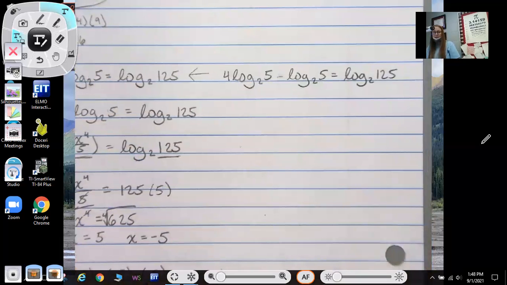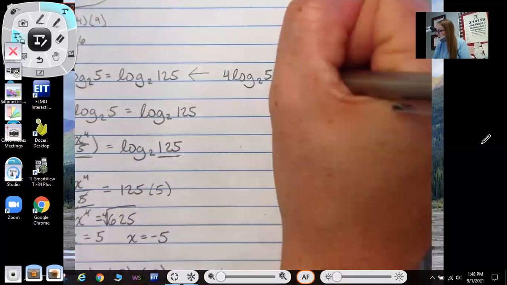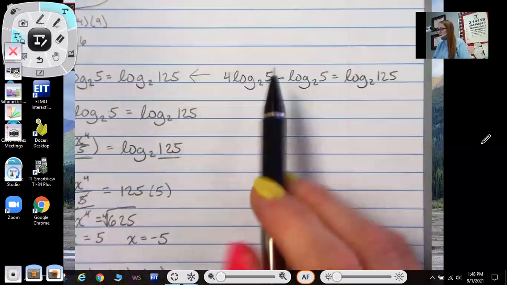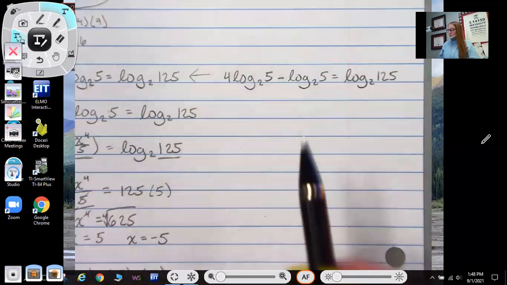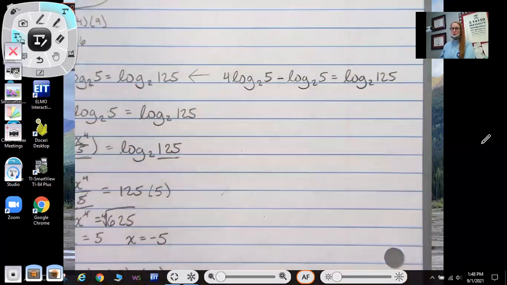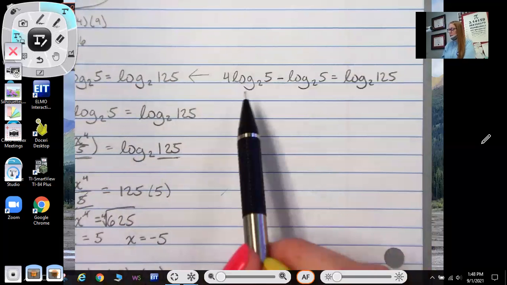So there's only one x, replace that with 5. Then we're looking to make sure that there's no negatives where there can't be a negative in a logarithm. We don't have any negatives in any spot where we're not allowed to have one. So we can go ahead and keep checking this.